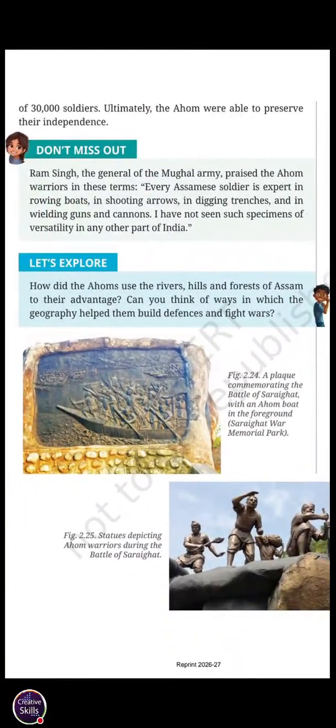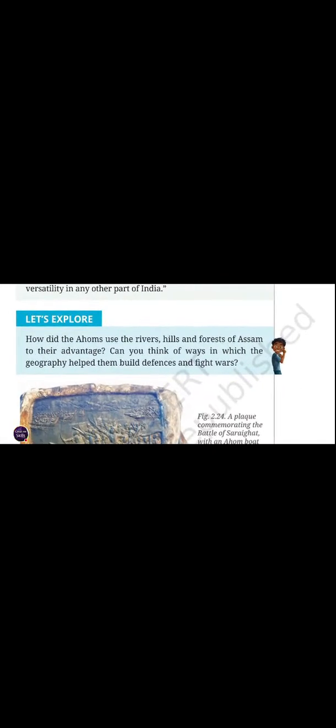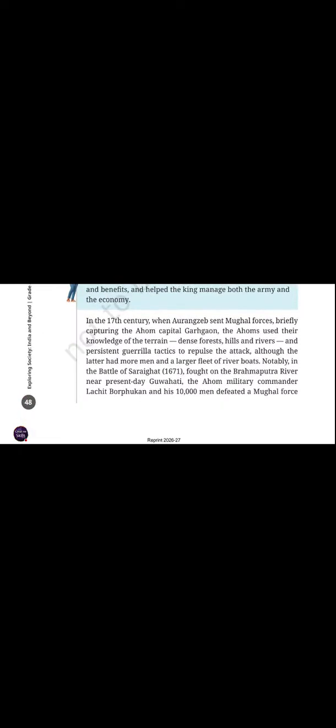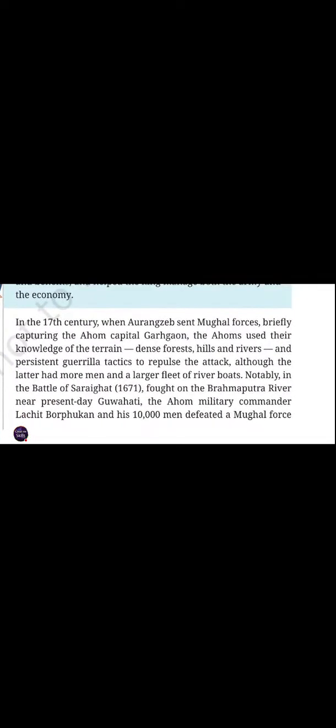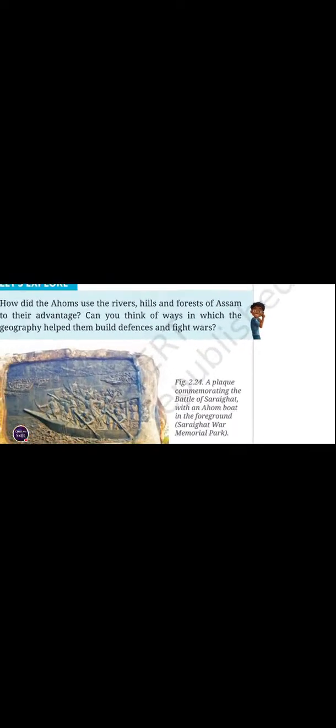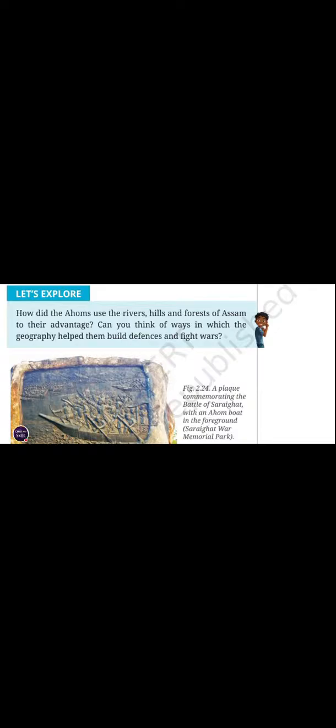Why did the Ahoms use the rivers, hills, and forests of Assam to their advantage? And think of ways in which the geography helped them build defenses and fight wars. The answer to this is given here. Okay, what is given here? According to the question, how the rivers, hills and forests became an advantage for Assam. Okay, 1, 2, 3, 4.